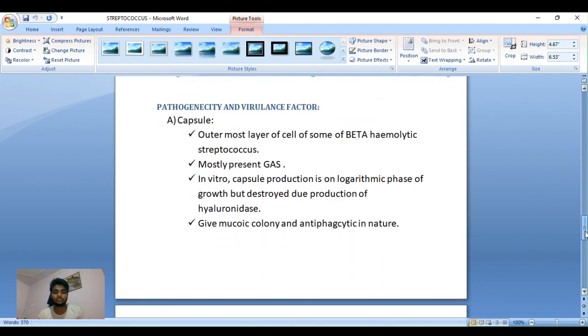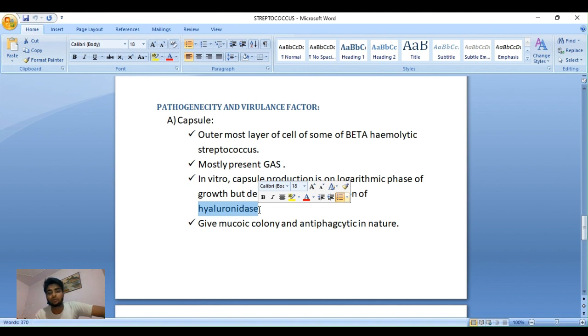And then the pathogenicity. In the pathogenicity we will discuss, first, the capsule, that is the outermost layer of the cell of some beta hemolytic streptococcus, and mostly present in group A streptococcus. In in vitro culture, capsule production is in the logarithmic phase of growth but destroyed due to the production of hyaluronidase. It is also an enzyme, which is also present in human bodies.